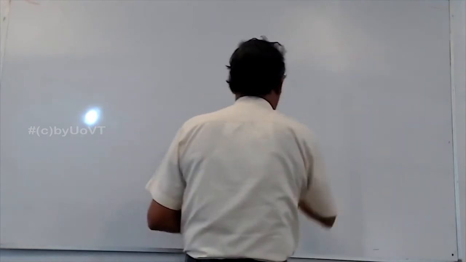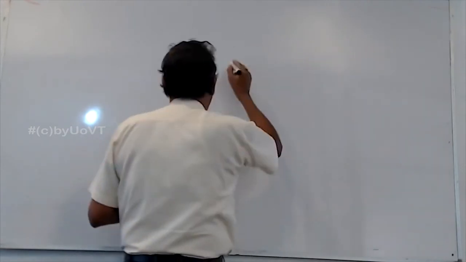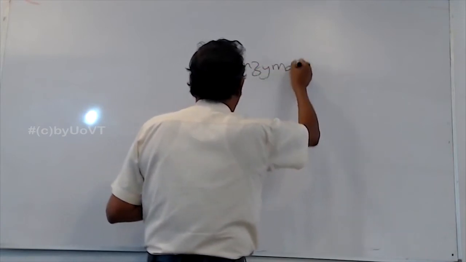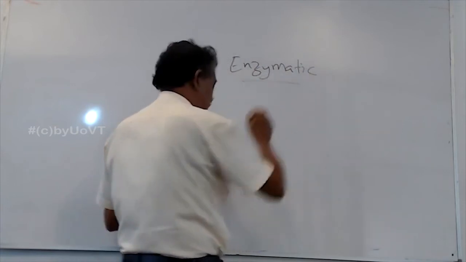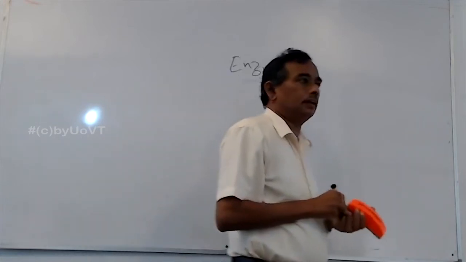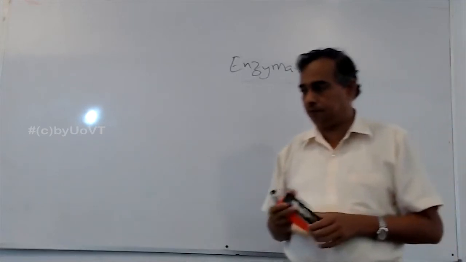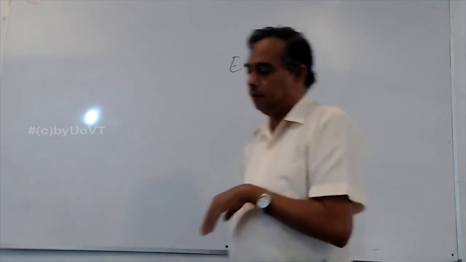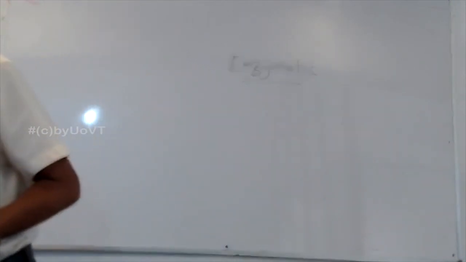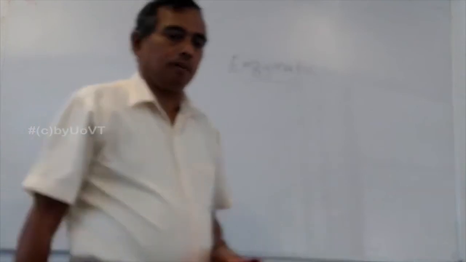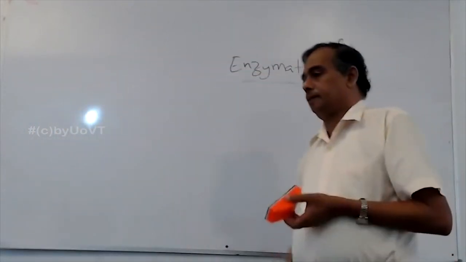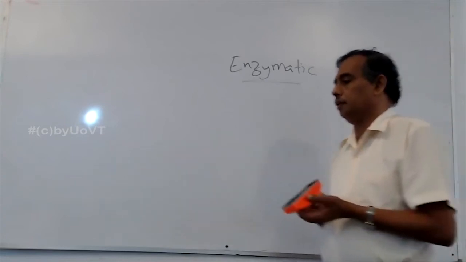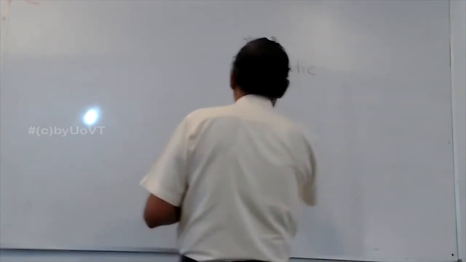Here, the oxidation process is catalyzed by enzymes. The most important thing is which enzymes are responsible for this process. There are a few groups. I will explain two major groups.